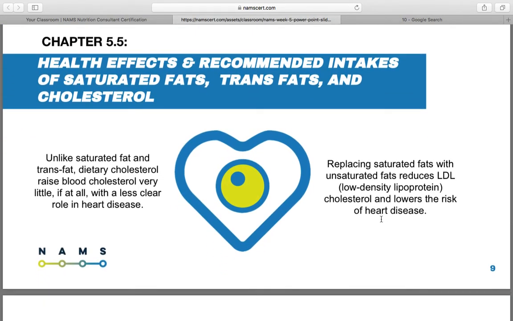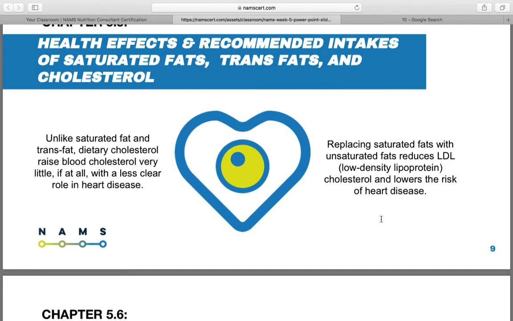Health effects and recommended intakes of saturated fats, trans fats, and cholesterol. Once again, unlike saturated fat and trans fat, dietary cholesterol raises blood cholesterol very little, if at all, with a less clear role in heart disease. Replacing saturated fats with unsaturated fats reduces LDL, your low density lipoprotein cholesterol, and lowers the risk of heart disease.